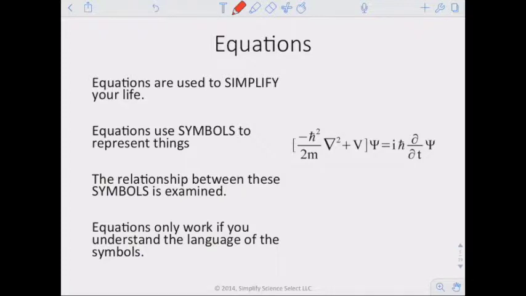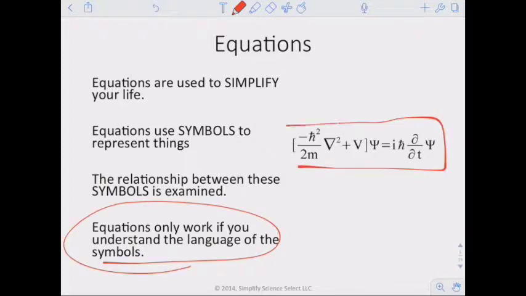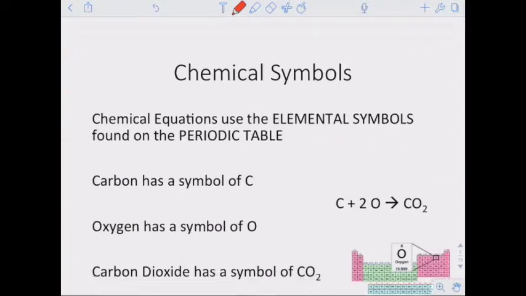So essentially what we're saying is that this equation doesn't make any sense to you. You look at it and you go, I don't know what that is, because you don't know what the symbols mean. Okay, and so this took a very large piece of information and made it manageable, put it down to something that can be written in a single line, and so therefore you can use it. And that's what chemical equations will do as well.